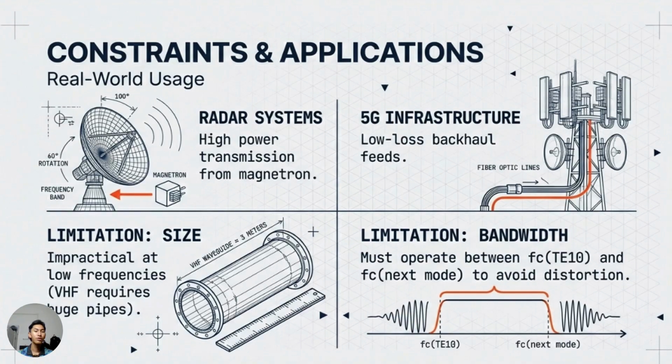For constraints and applications, waveguides are widely used in radar systems, satellite communication, and 5G infrastructure. However, they are physically large at low frequencies and operate only within a limited frequency band to avoid higher-order mode distortion.